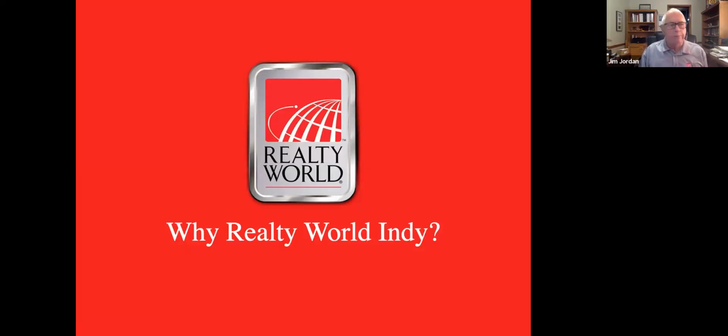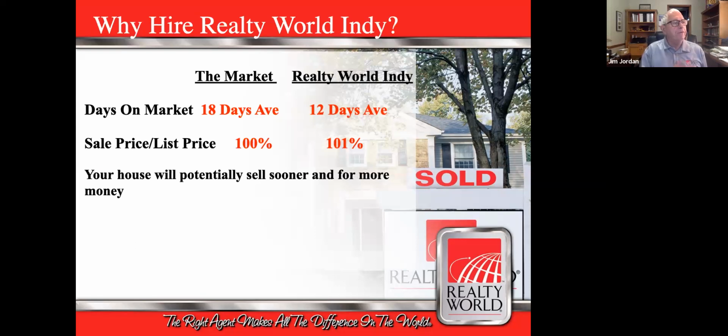And then why Realty World Indy? Why our local company? Now I pulled these stats. You can use these stats if you want or not. I pulled these stats a few months ago, so you could pull more recent ones if you want. But right now, our days on market are about 12 days average, and the market's 18 days average. And the market list price is 100%.